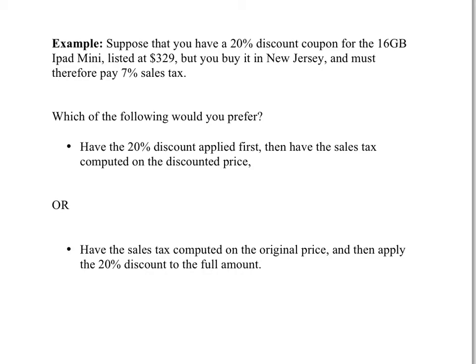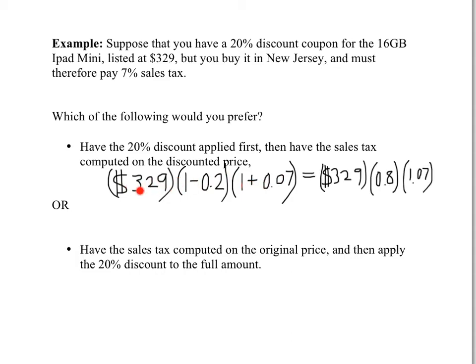It turns out that it actually doesn't matter, that the price will be the same either way, and it's worth understanding why. The first approach takes the $329 list price, multiplies by 1 minus 0.2 as a way of applying the 20% discount, and then whatever that gives you, it is then multiplied by 1 plus 0.07 to apply the sales tax. So that way the sales tax is being applied to the discounted original price.